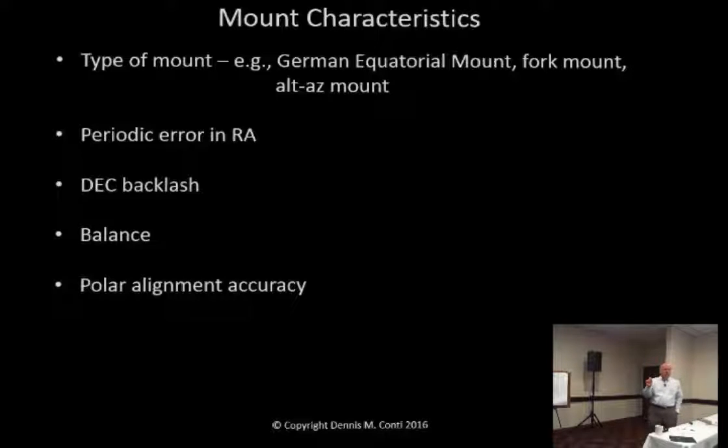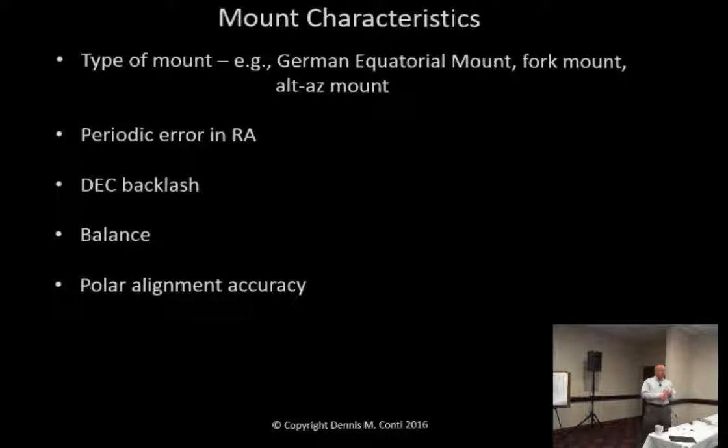We like to keep the periodic error, actually the accumulated error, as I said earlier, within 1 or 2 pixels. So if you have a mount like I do, without any auto guiding or compensating, my mount's periodic error is about 8 pixels. It's not great, it's not bad, but it's still not good enough.